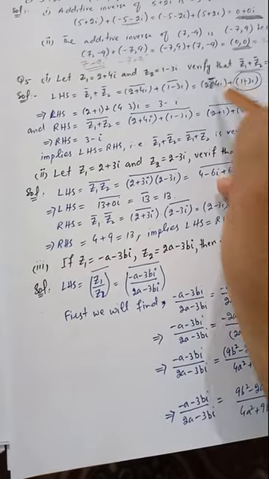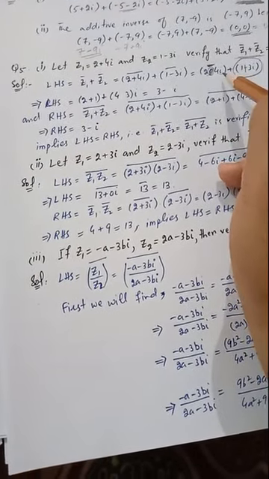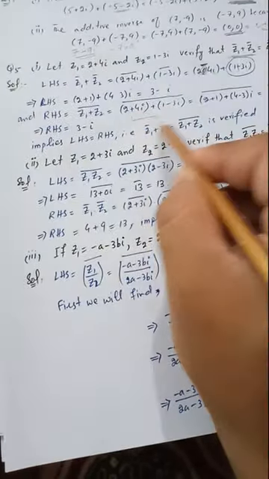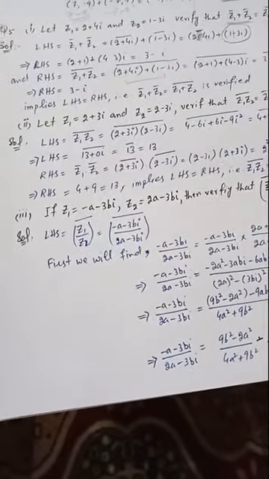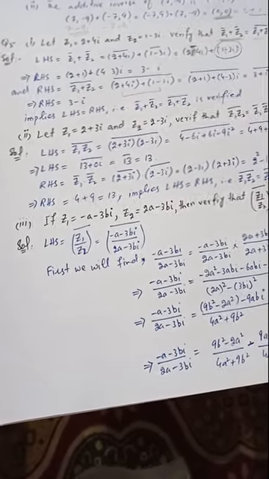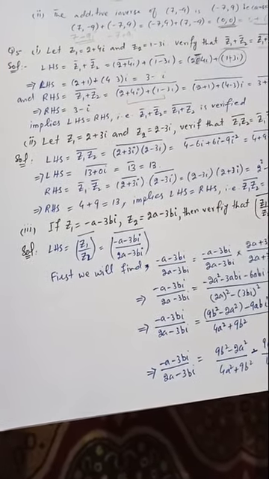So now add these two conjugates. On the right hand side, first of all you will add and then take the conjugate. So the result on both sides must be equal. So this is part number 1.